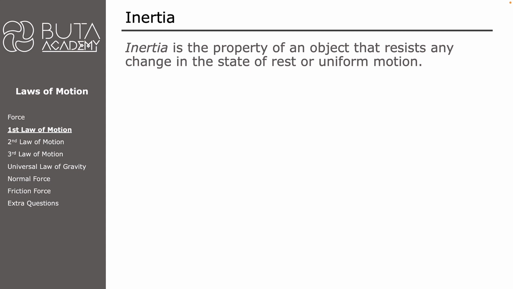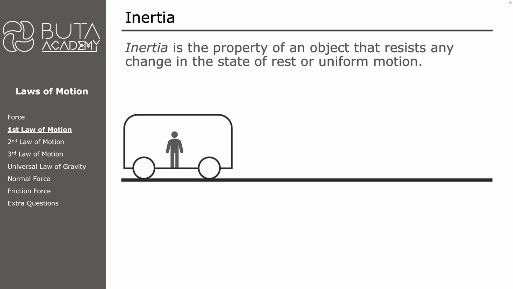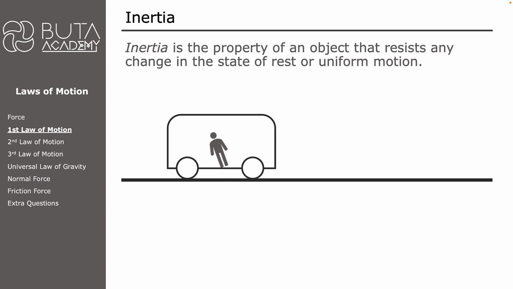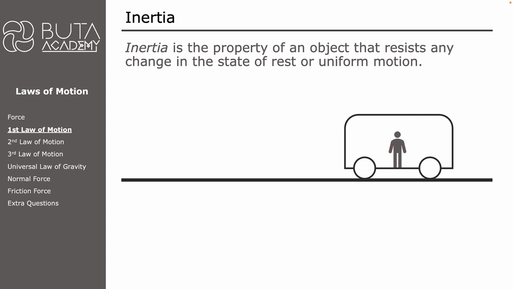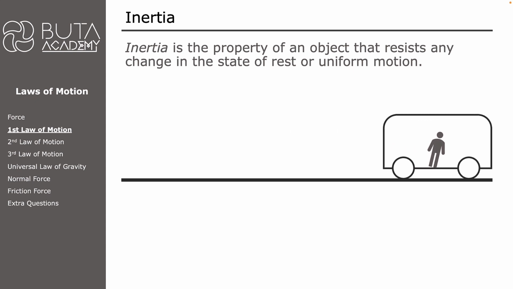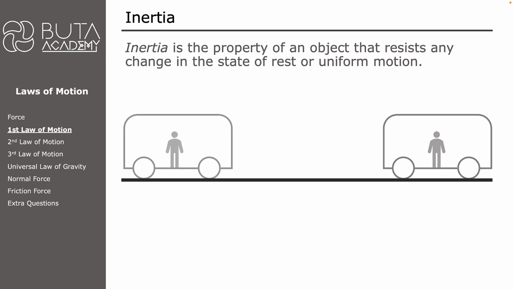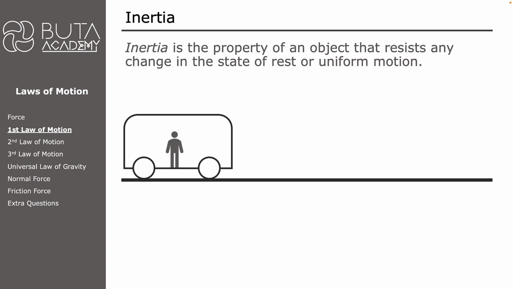Let's assume that we are standing in a bus which is initially at rest. What will happen if the bus suddenly starts to move? We may fall backwards if not holding on to something, or if the bus stops suddenly, this time we may fall forward. The reason in both cases is our inertia. In the first case, the bus is at rest, so are we.